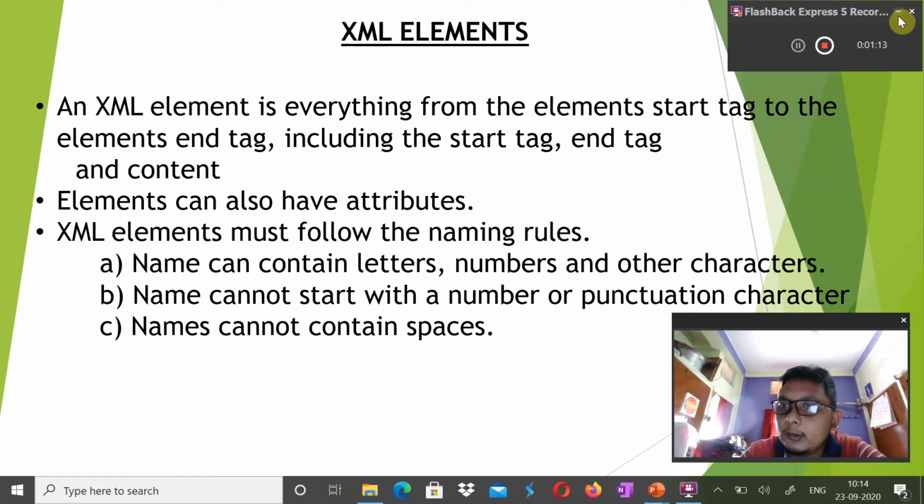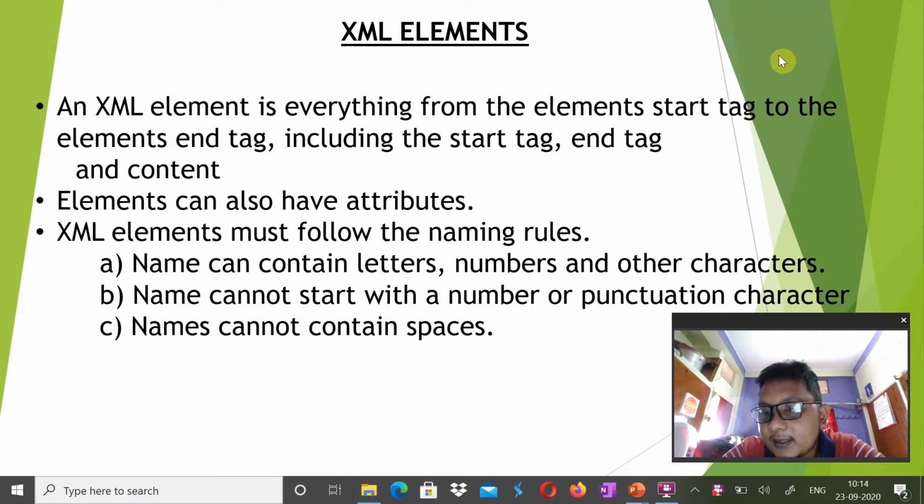In some places, instead of using HTML as a markup language, XML is used. Like in most of our Android applications, the user interface is basically designed in XML as compared to HTML. Why it is used, we're going to learn in the next lesson.